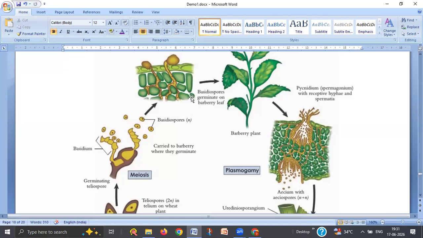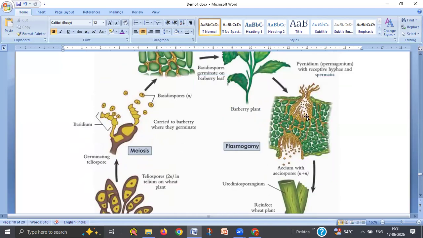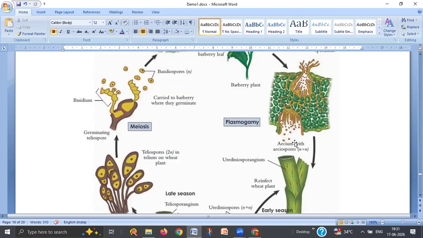They infect the secondary host, the barberry plant, and it has pycnidium or spermogonium and aecidium or aecium. On the upper surface we see the pycnidium or spermogonium, and at the lower side we see the aecium, or aeciospores. From the pycnidium, pycniospores are released. From the aecium, aeciospores are released.